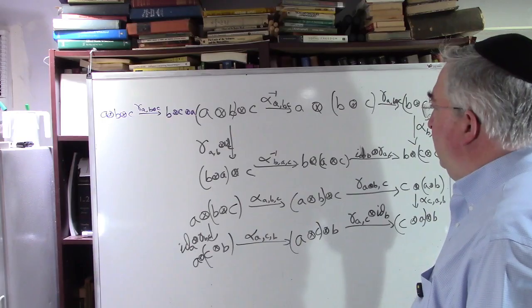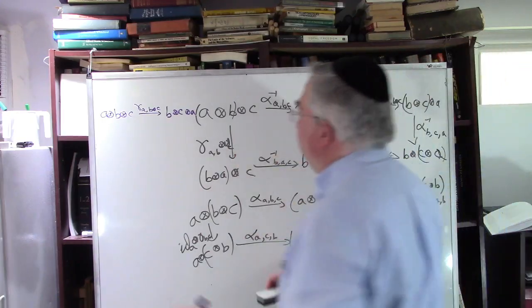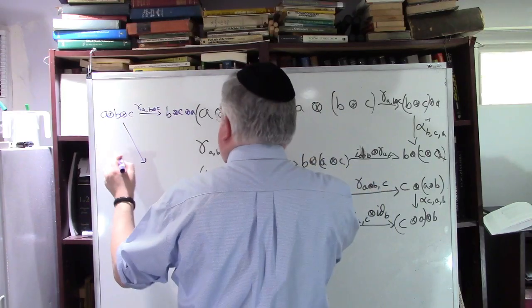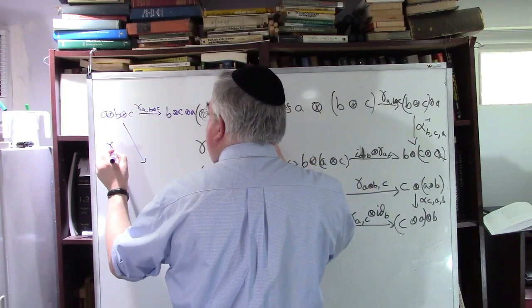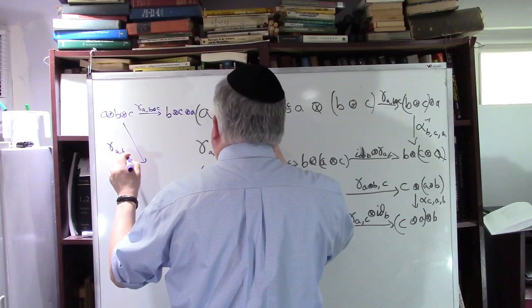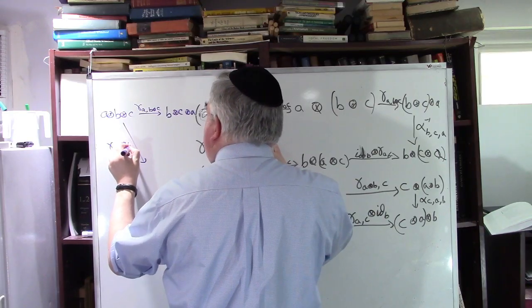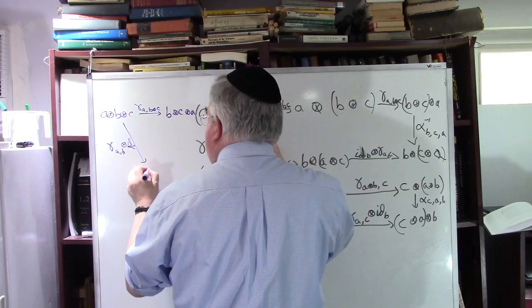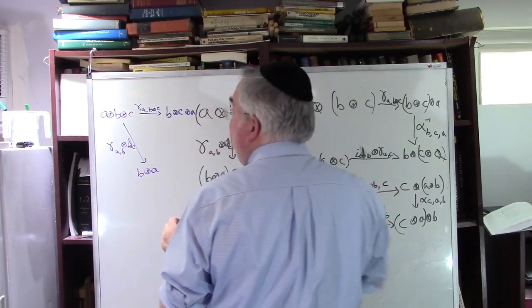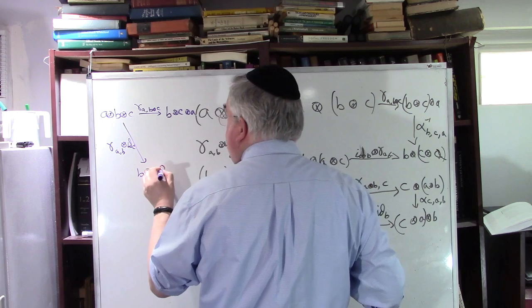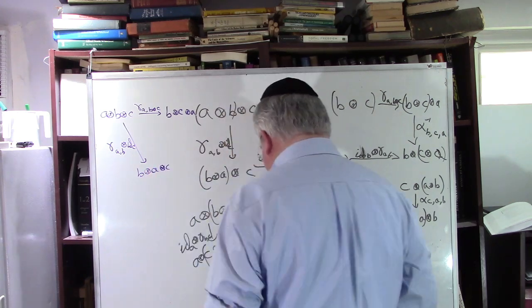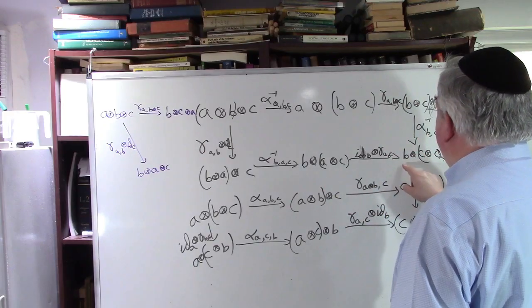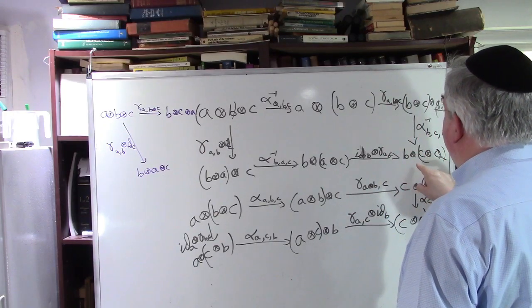Okay, and let's do this. This becomes gamma of A comma B tensor identity on C. And so this becomes B tensor A tensor C. And now we go here.